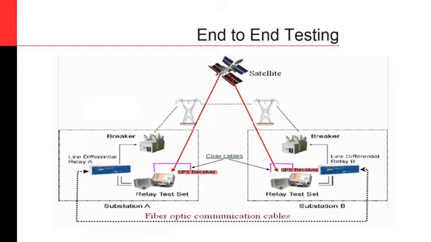The only way I have to guarantee that both relay test sets are going to begin the test at the same time is this, which is going to be as close to a simulation as I can get to a real case fault. Because when you have a real fault, that fault will propagate to one end of the line and to the other end of the line at the speed of light.